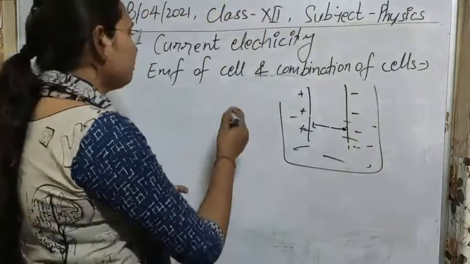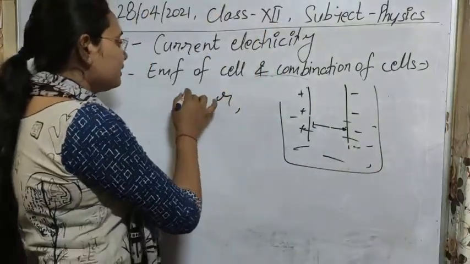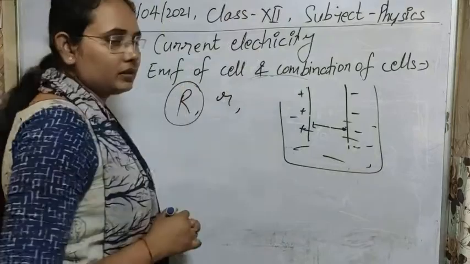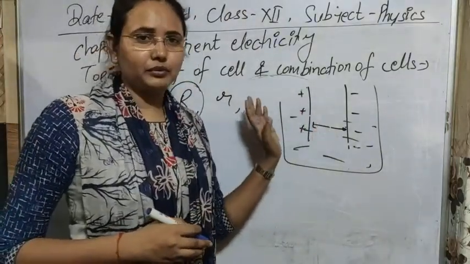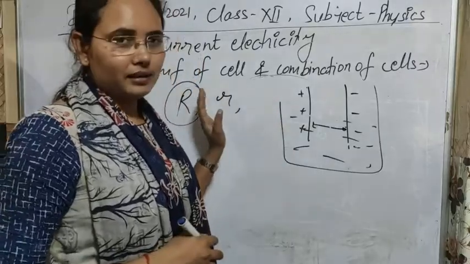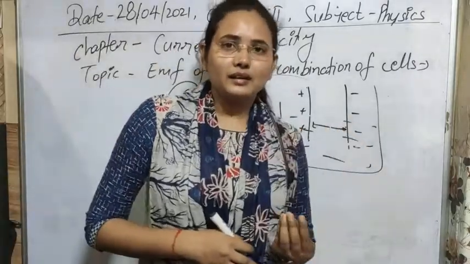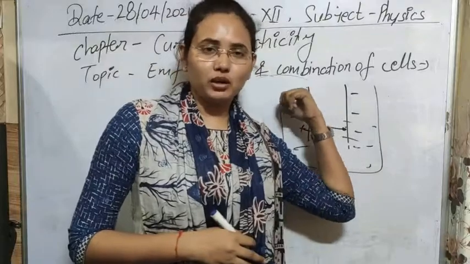We denote it by small r, and the standard or external resistor by capital R. Clear? You can denote them by anything, but to make it clearer I have taken small r and capital R.